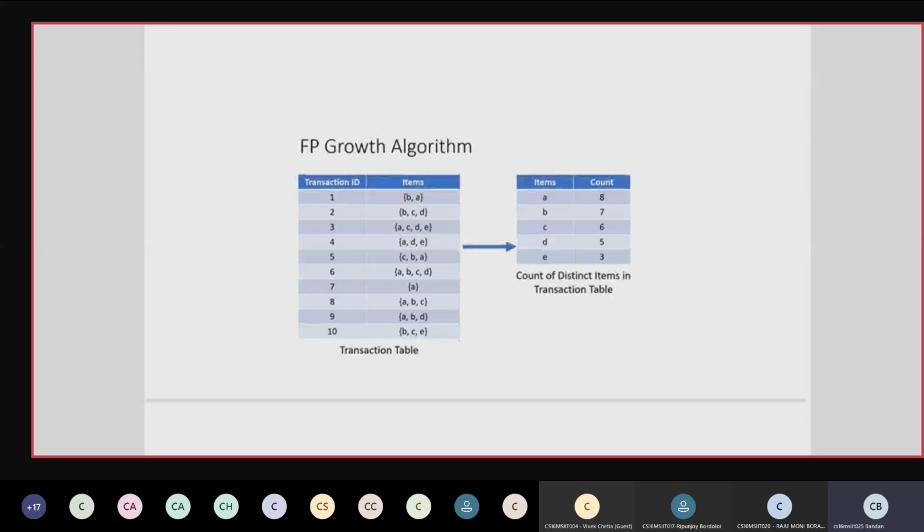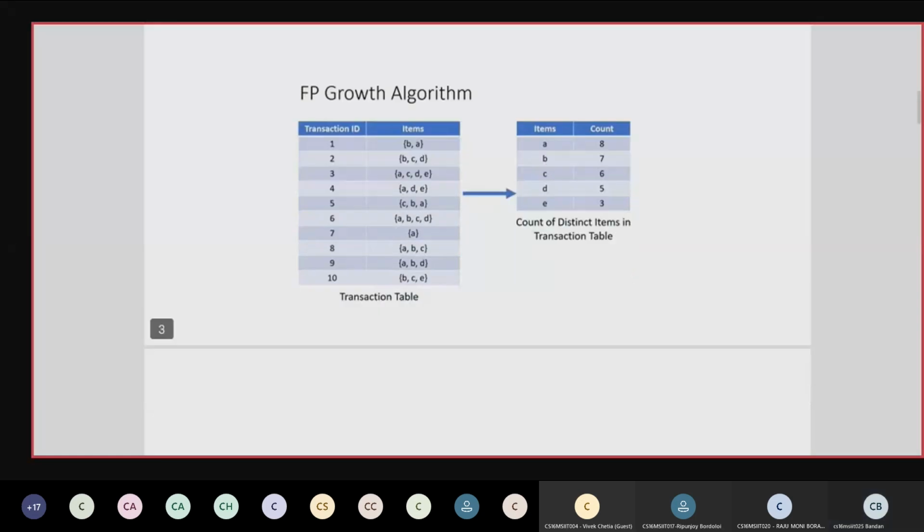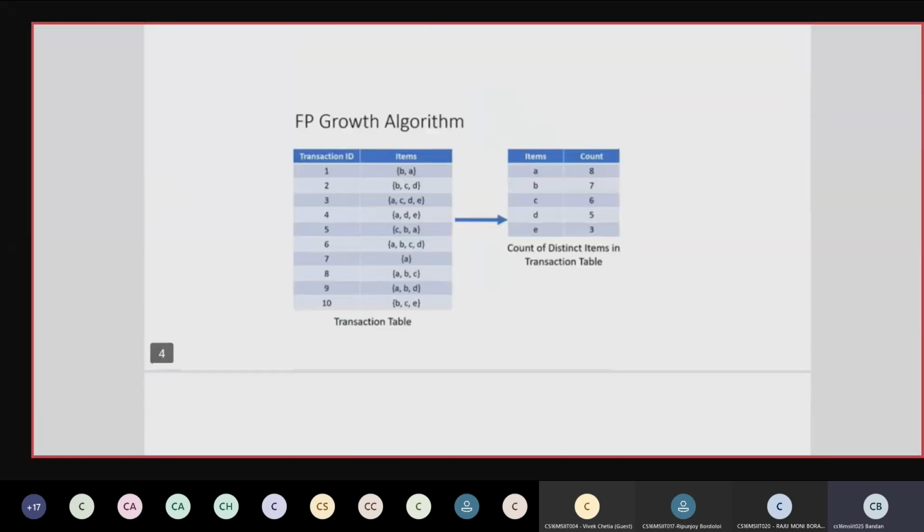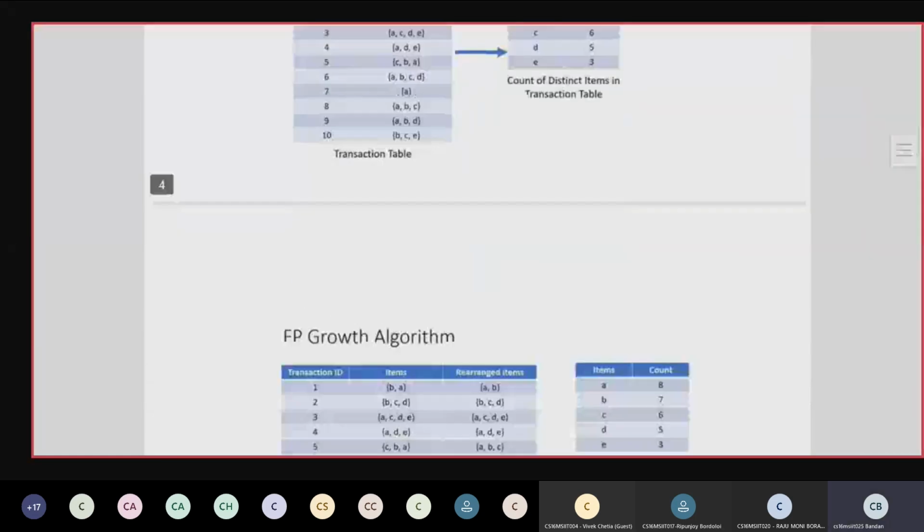For each transaction, we extract the distinct elements. If you can see, A, B, C, D, E are the only distinct elements out of all these transactions.